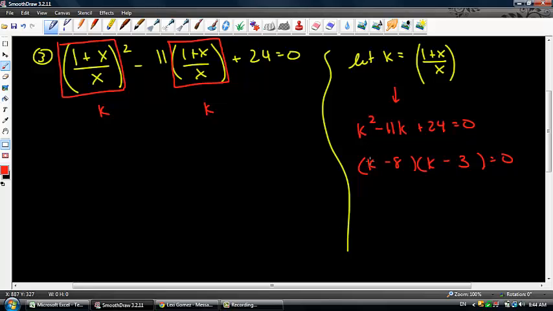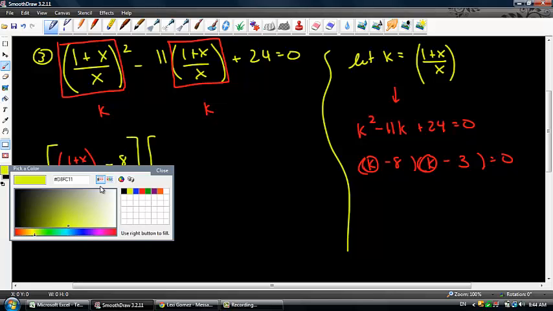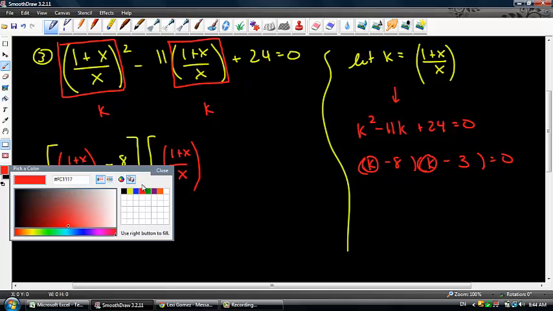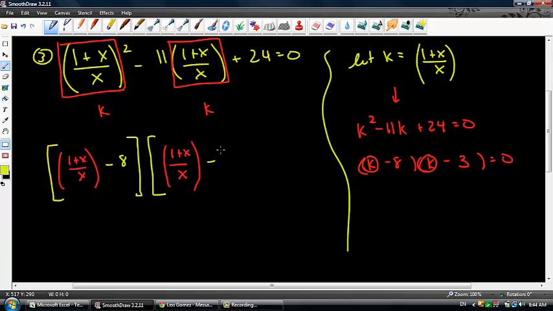All that's left now is to let k equal what it really did equal, which is this 1 plus x over x. So what I've really got here is 1 plus x over x minus 8 times 1 plus x over x minus 3.